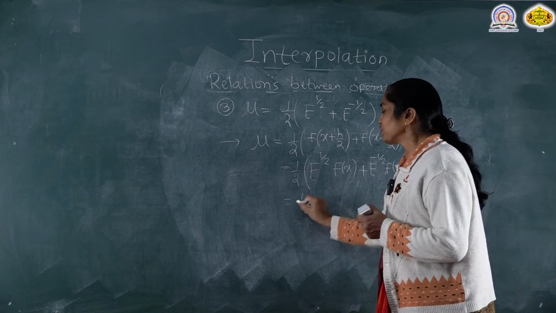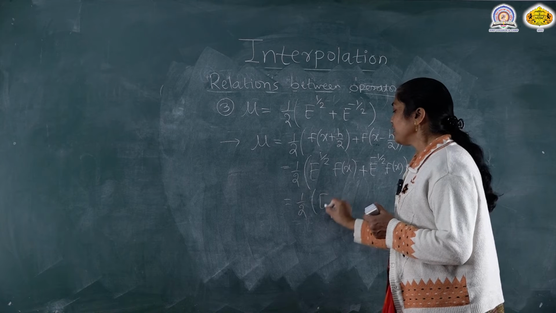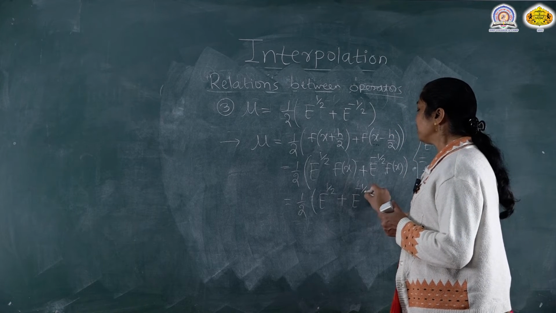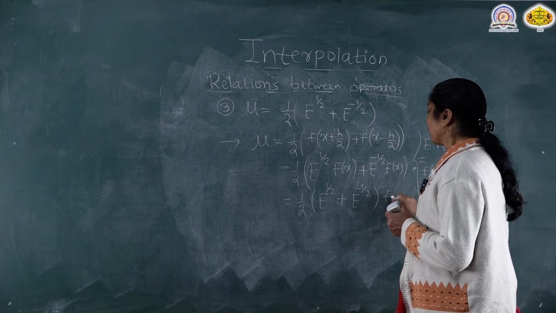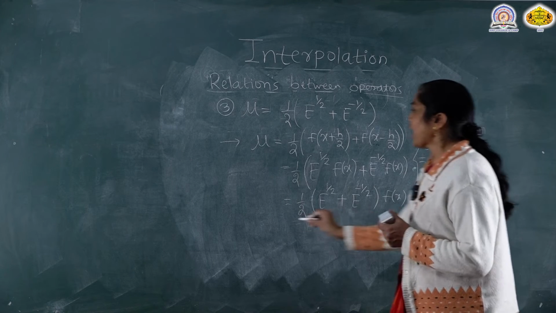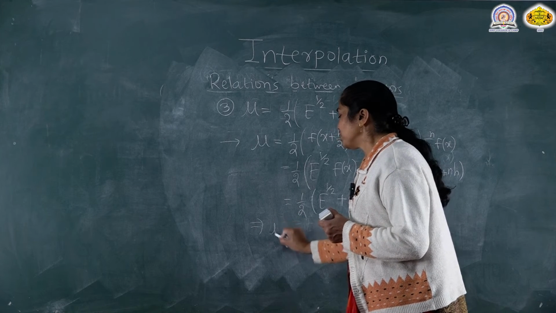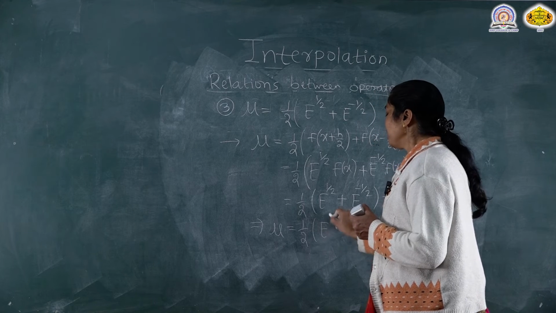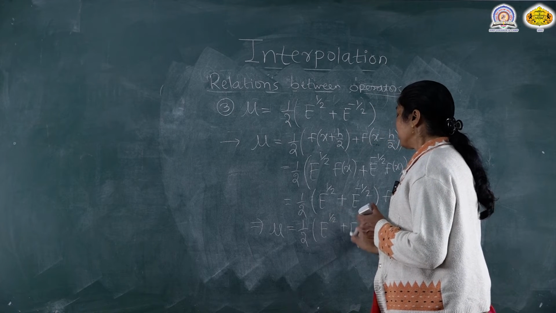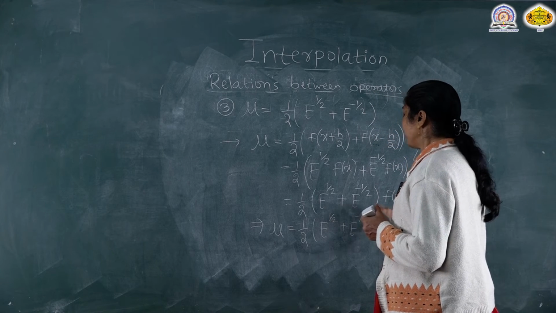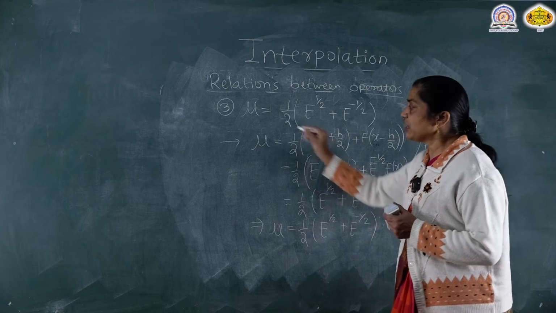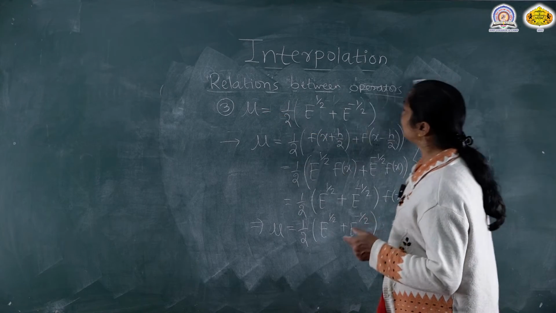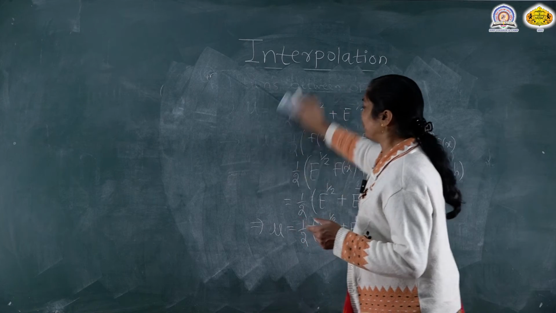So this becomes 1 by 2 times E raised to 1 by 2 plus E raised to minus 1 by 2 of f(x), and hence we have mu is equal to 1 by 2 into bracket E raised to 1 by 2 plus E raised to minus 1 by 2. So we get the relation between the mean operator mu and the shift operator.